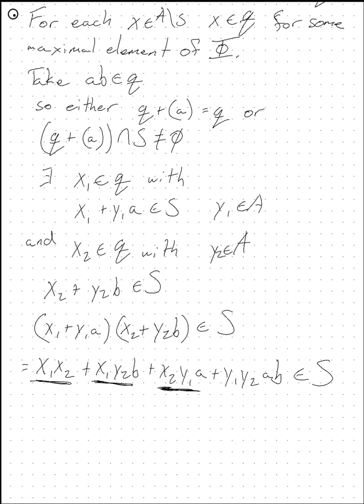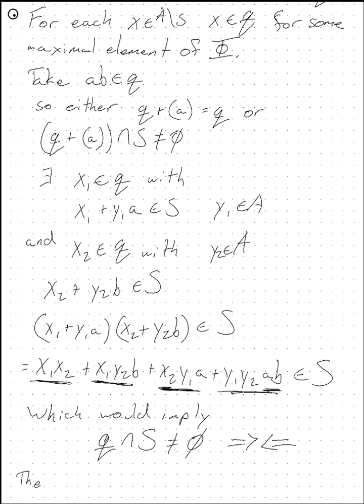This is in Q because of this X2. And this is in Q because AB is in Q. Which would imply Q intersect S is non-empty. Contradiction. Therefore, either A or B is in Q. And we have it.